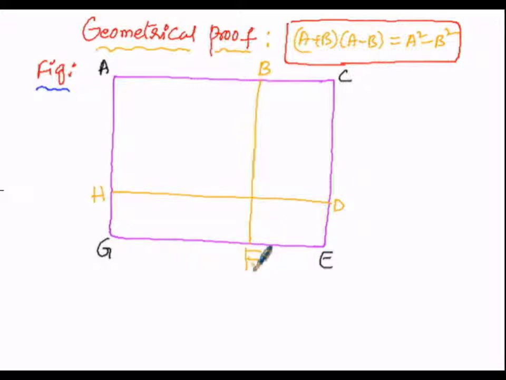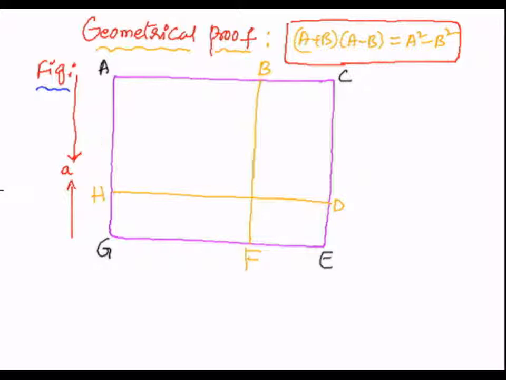So here I want to assume the length of AG as A units. In this manner, I am going to assume the entire length of AG, A to G, as A units.